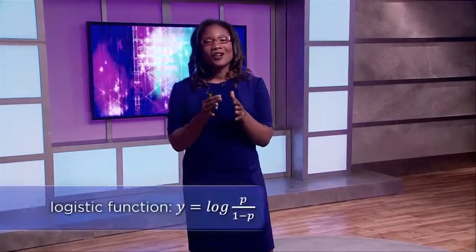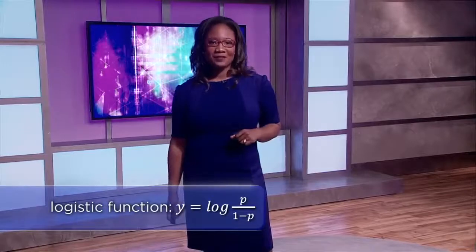So the odds gives us a value that ranges from nearly 0 for very small probabilities to positive infinity for probabilities that are essentially at 1. But with one more transformation, we can get a value that's unbounded over the entire real numbers. And this is called a logistic function.